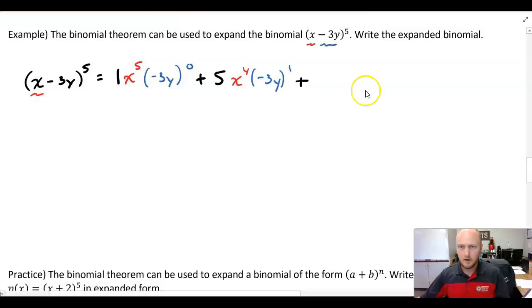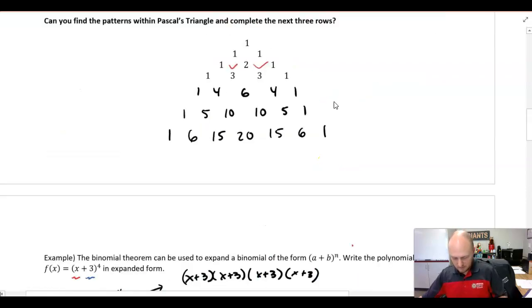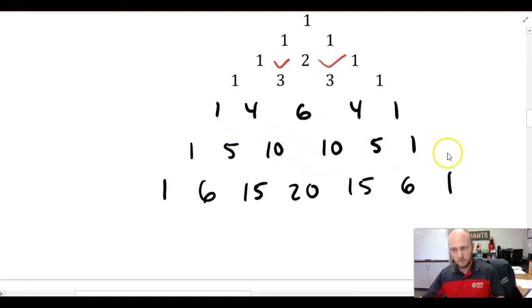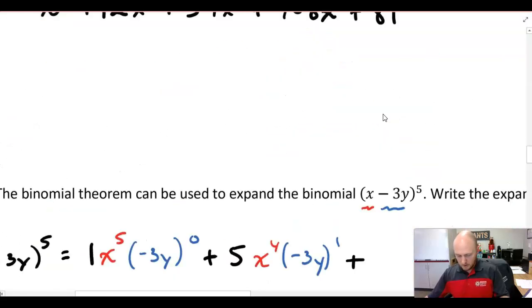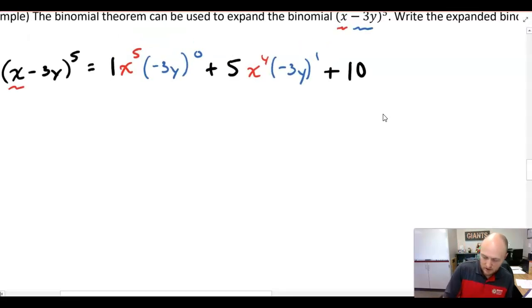Plus, I believe is, it 10? Let me double check. Yeah, 10. 1, 5, 10, 10, 5, 1. So if you ever forget, you can check back in notes, or you can just quickly generate this triangle, which doesn't take too long. Might sound like a pain in the neck, but it's not too bad.